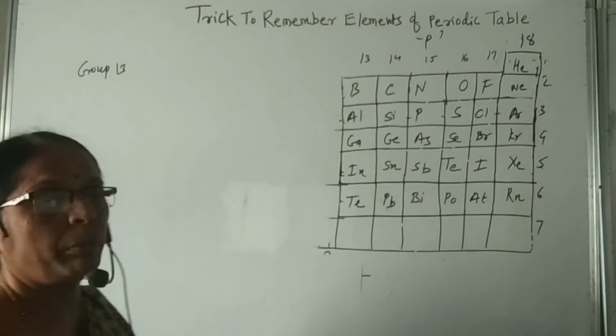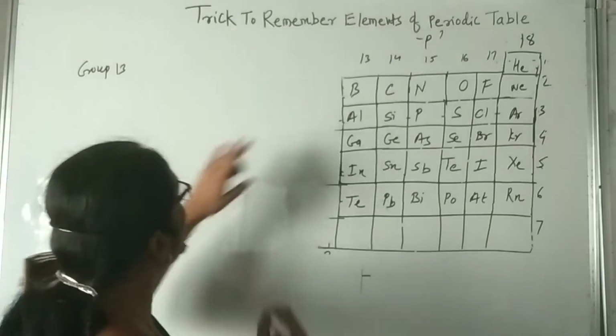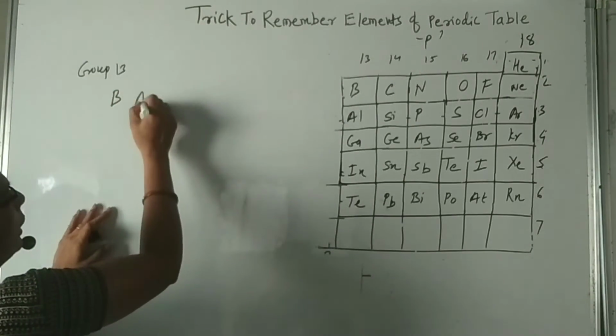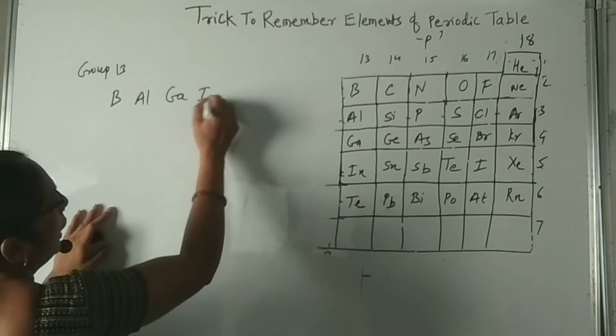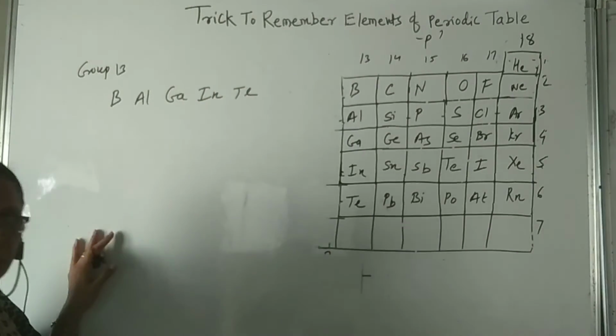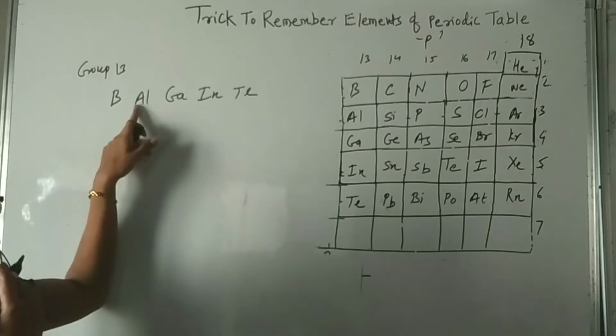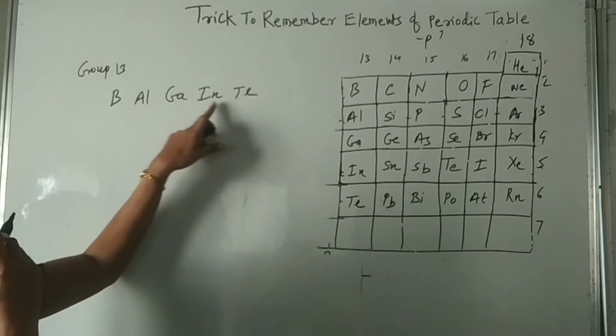So let us consider one by one. Group 13 contains boron, aluminium, gallium, indium and thallium. Boron, aluminium, gallium, indium and thallium.